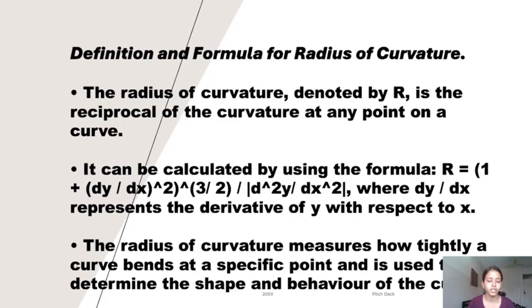It can be calculated by using the formula r equals (1 plus (dy by dx) whole square) power 3 by 2, divided by d square y by d x square, where dy by dx represents the derivative of y with respect to x. The radius of curvature measures how tightly a curve bends at a specific point and is used to determine the shape and behavior of the curve.